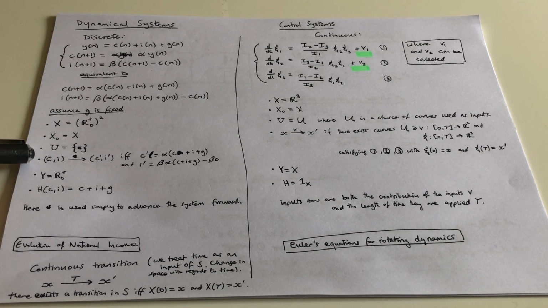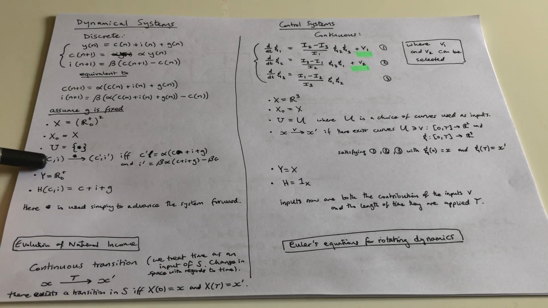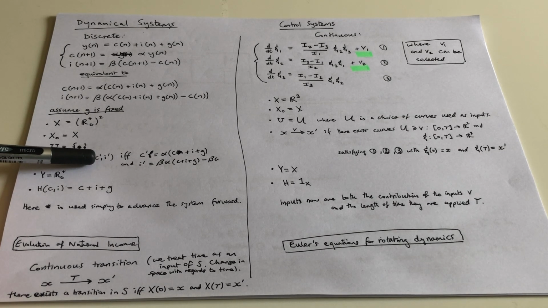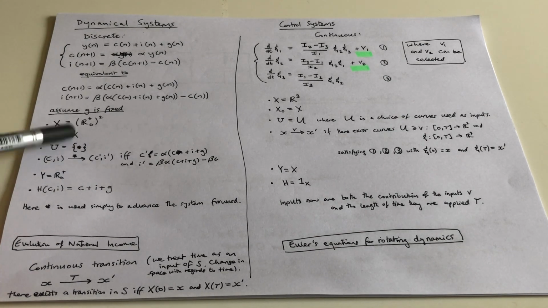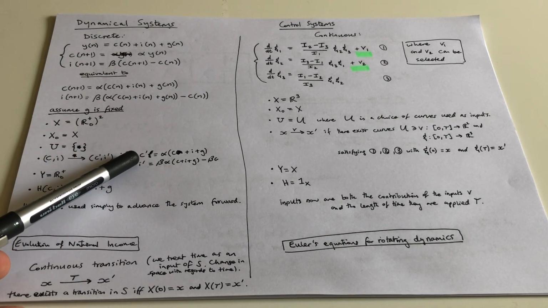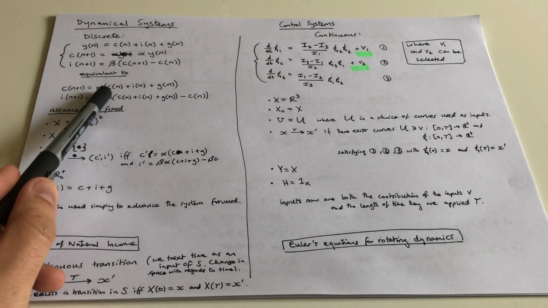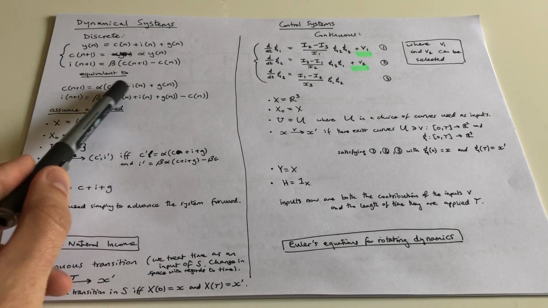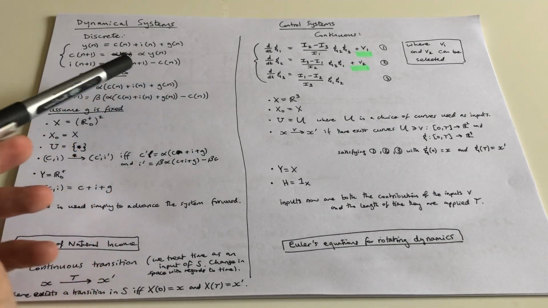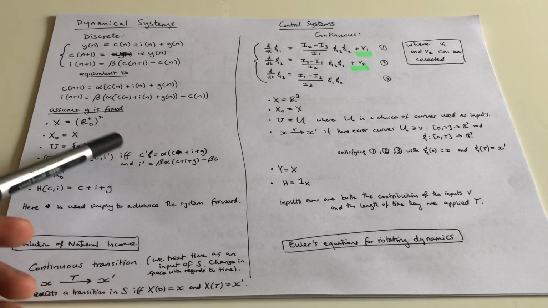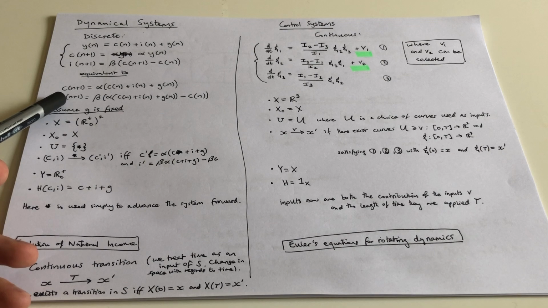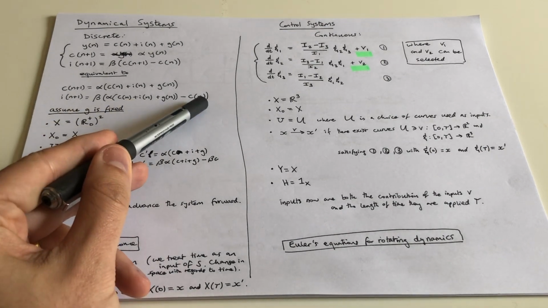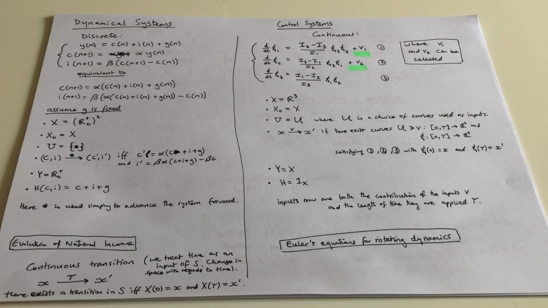Our transition relation then will be a set of transitions where we start in C, I, and then we advance the system forward one step, and we go to some new C dash, I dash state. But only if it's the case that this new state C dash is equivalent to this equation here, if it solves this, and similarly only if I dash, the new state I, equals this right hand side of the equation.